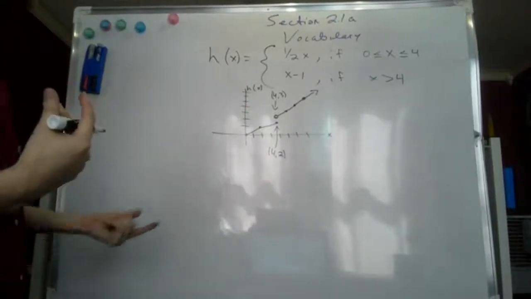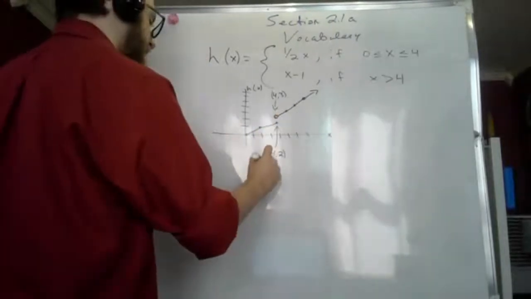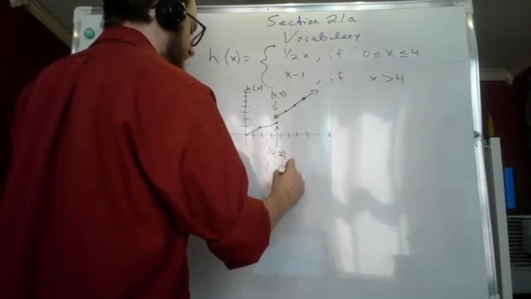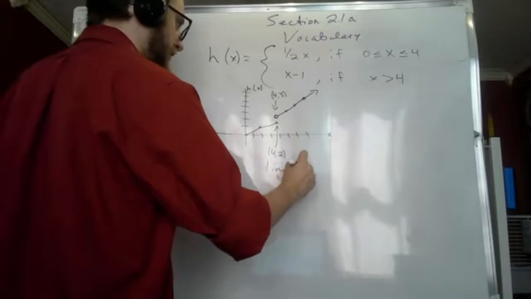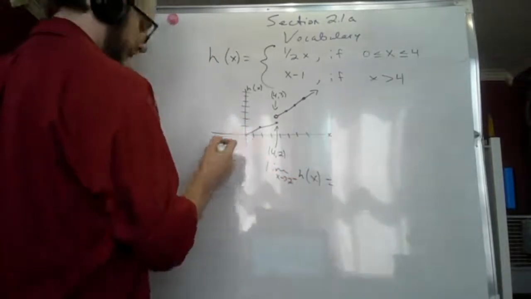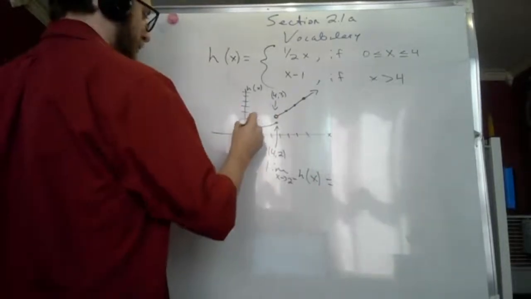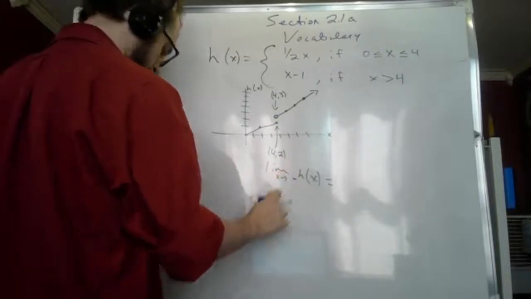Now, you may already be able to pick out the problem here. If I look at, what is the limit as x is approaching 2 from the left of h of x here? Well, from the left, if I approach from the left, so numbers less than 4, oops, sorry, not 2, we're looking at 4 here.